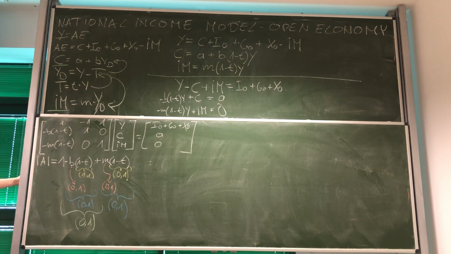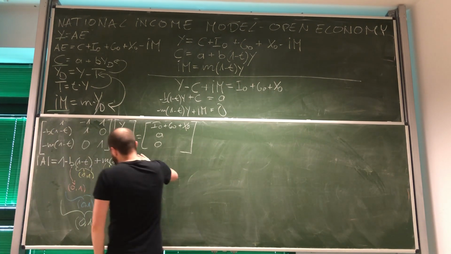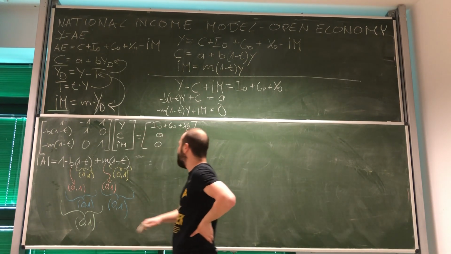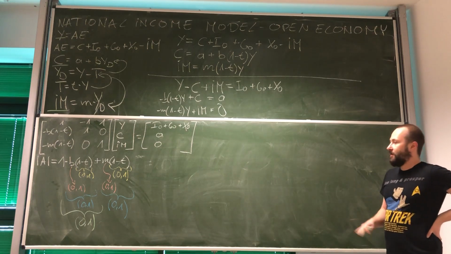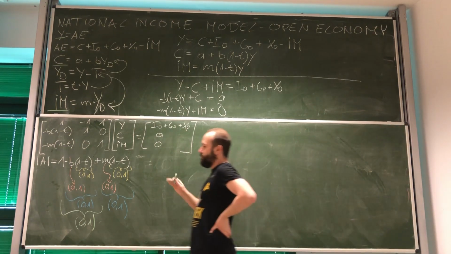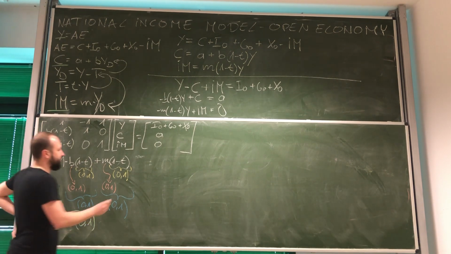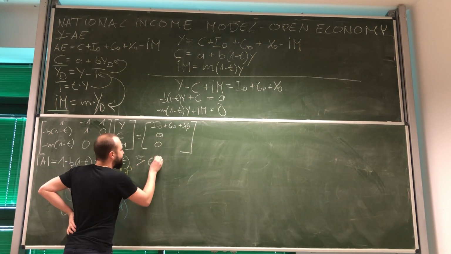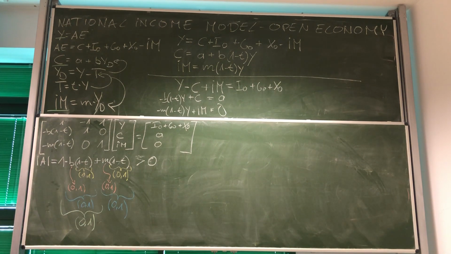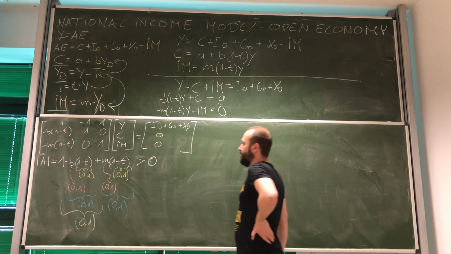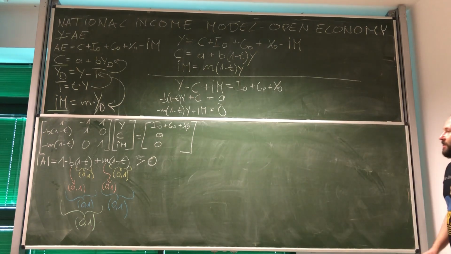And look, now we are adding to it an expression that is somewhere between 0 and 1, which means that this expression is clearly bigger than 0. However, we cannot be sure if this expression is actually between 0 and 1.